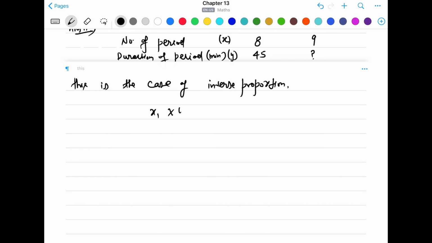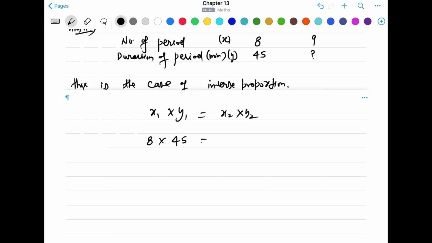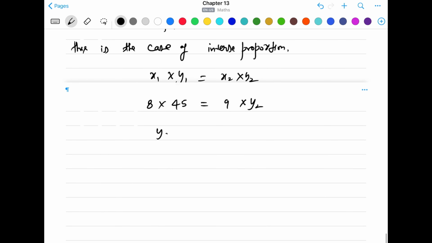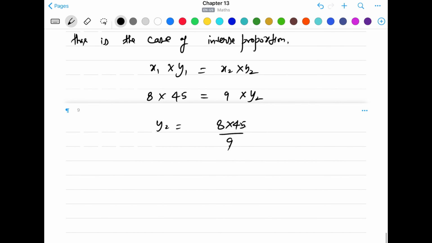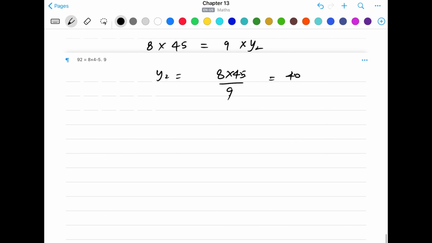Therefore we can use the relation x1 into y1 equals x2 into y2. So x1 is 8, y1 is 45, x2 is 9, y2 we have to calculate. So from here y2 will be 8 into 45 divided by 9. So 45 divided by 9 will give us 5. 5 into 8 is 40.